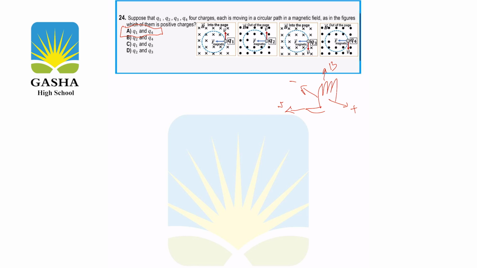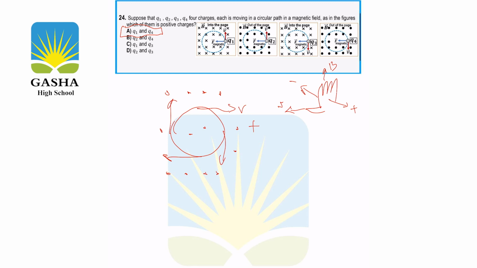And remember, when the rotation of the object is clockwise, and the field is a dot, let's say, or out of the page, then the charge is positive.